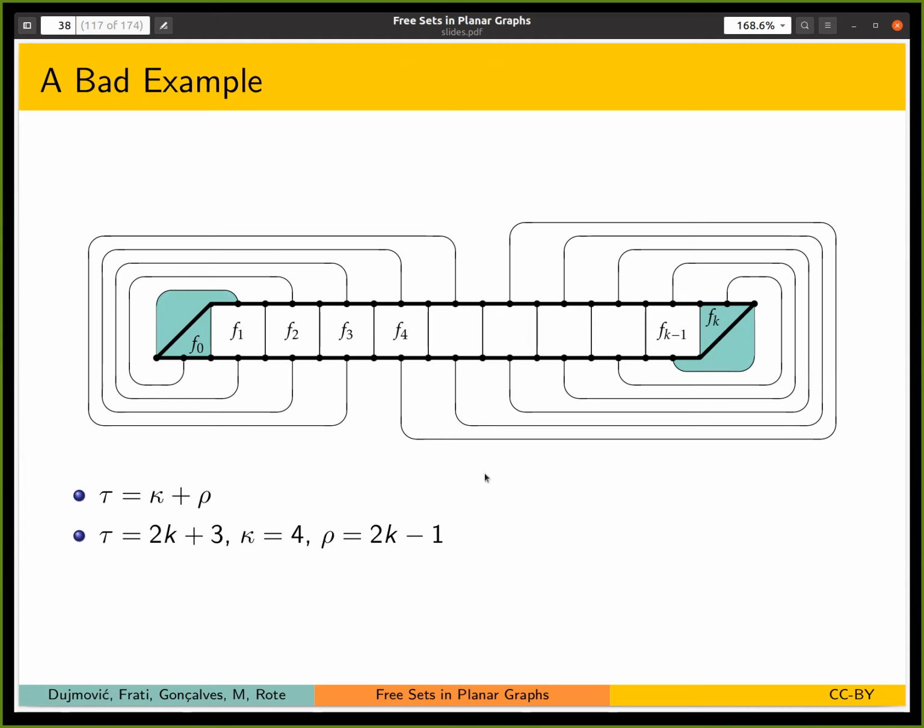Okay. So this looks bad. If you give me a long cycle in your dual and it looks like this, it does not help at all. It means that using this approach, we can find a collinear set or a free set or whatever you want of size 2, which is worse than the trivial 3 bound.